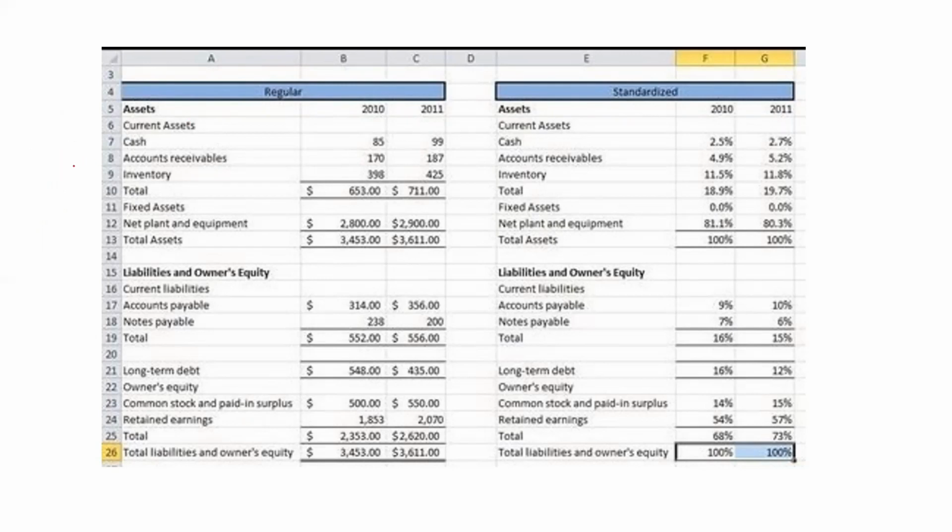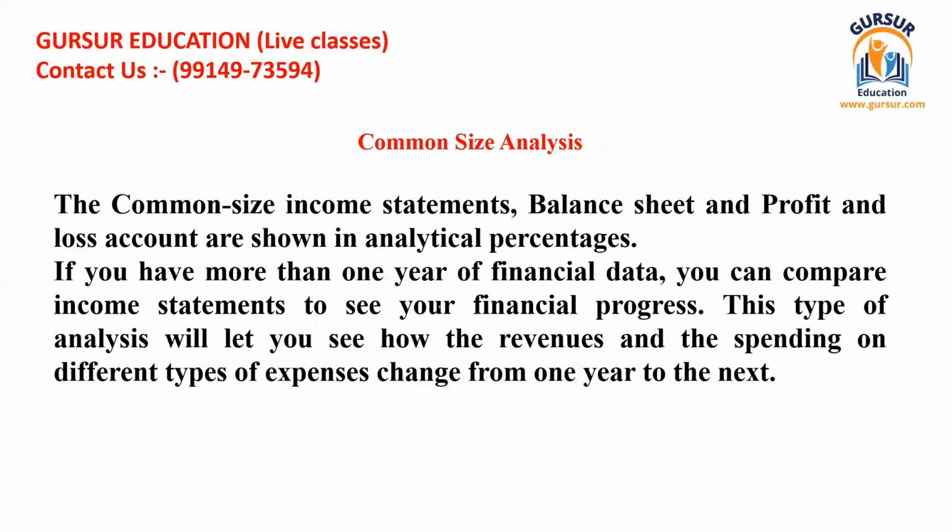So a common size statement is a statement in which the actual figures are shown along with the percentage format of that, so that you can get a clear picture of what an individual item stands at in relation to the gross figure. So if we read this again, now you shall easily understand.